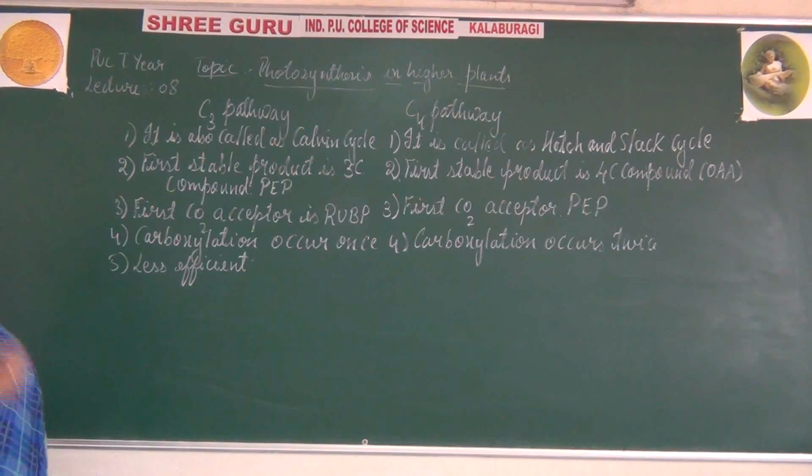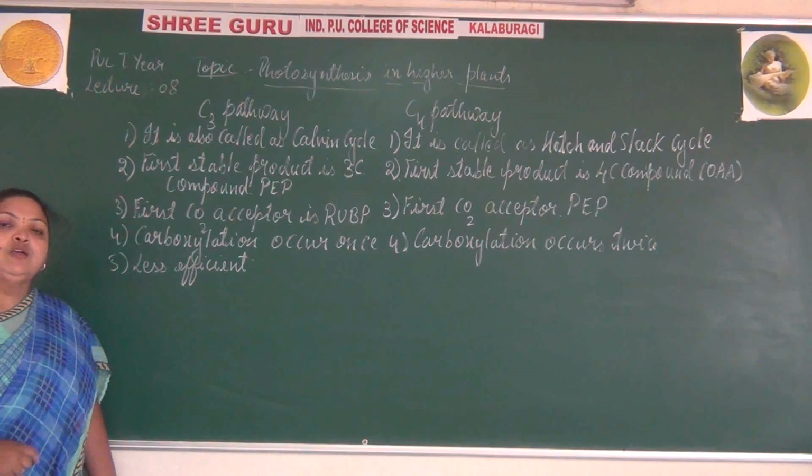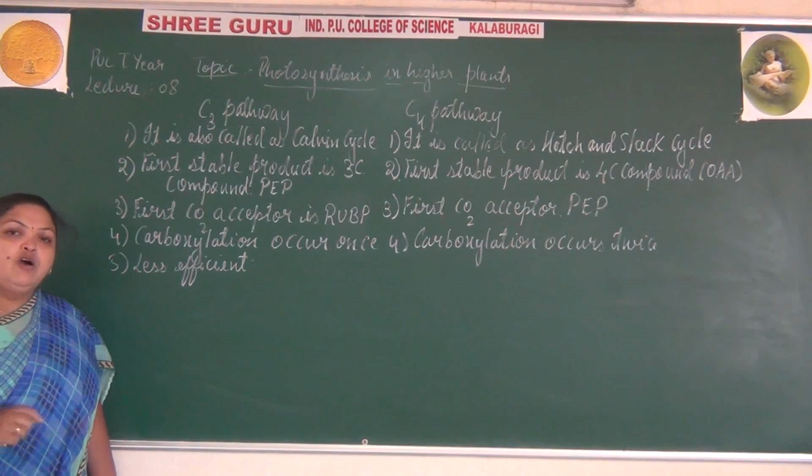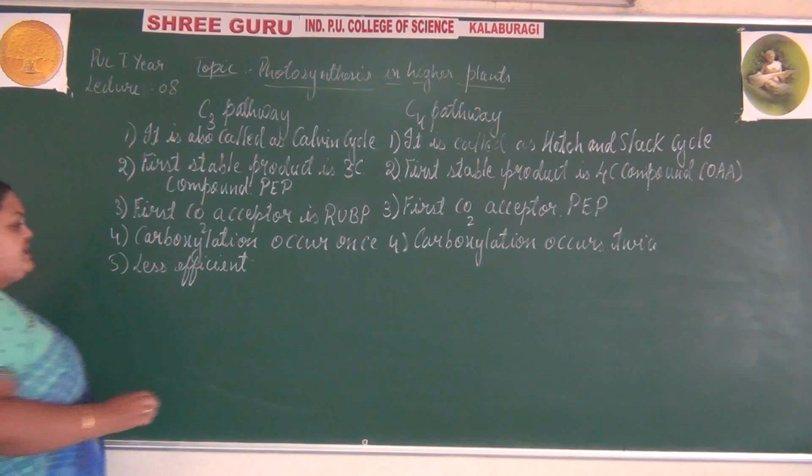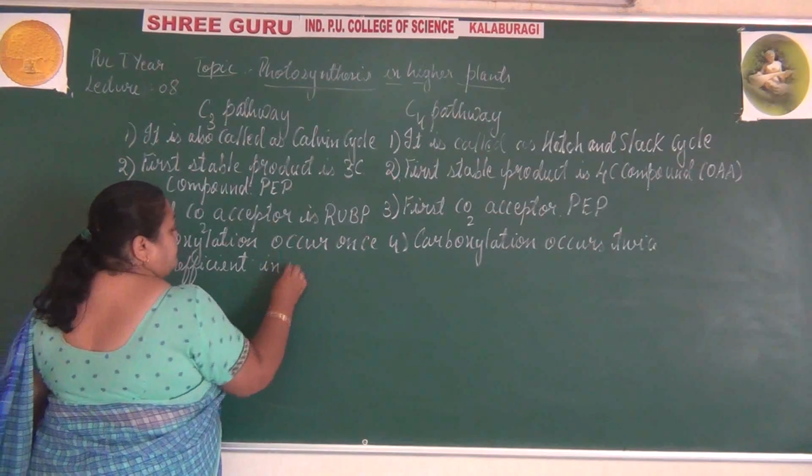The plants that undergo the C3 pathway, or the C3 cycle, are less efficient in utilizing carbon dioxide.